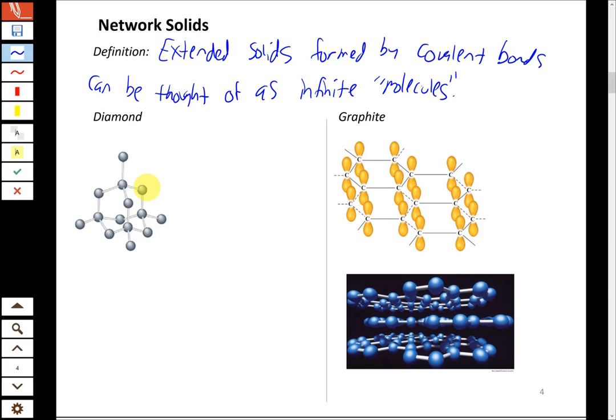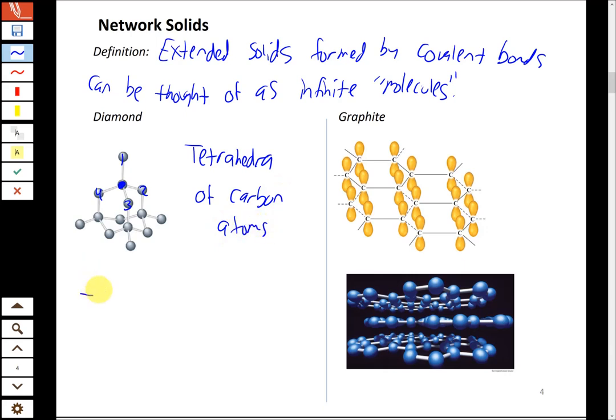The key thing here is that if we look at each carbon atom in this structure, let's focus on one here, it's bonded to 4 other carbon atoms. As we learned back in chapters 3 and 4, this defines it as a tetrahedron. So each carbon atom has a tetrahedral structure. Let me spell that right. So it's made up of tetrahedra of carbon atoms. Each carbon atom in the structure is tetrahedral.